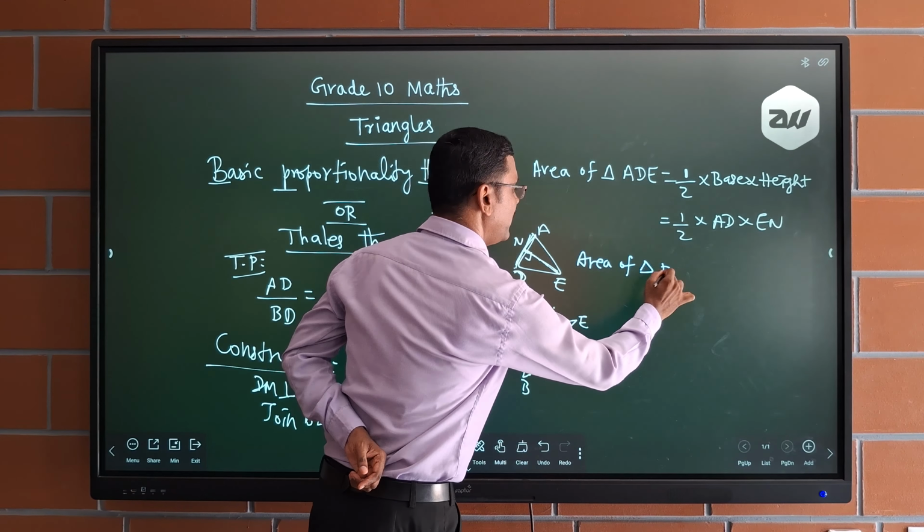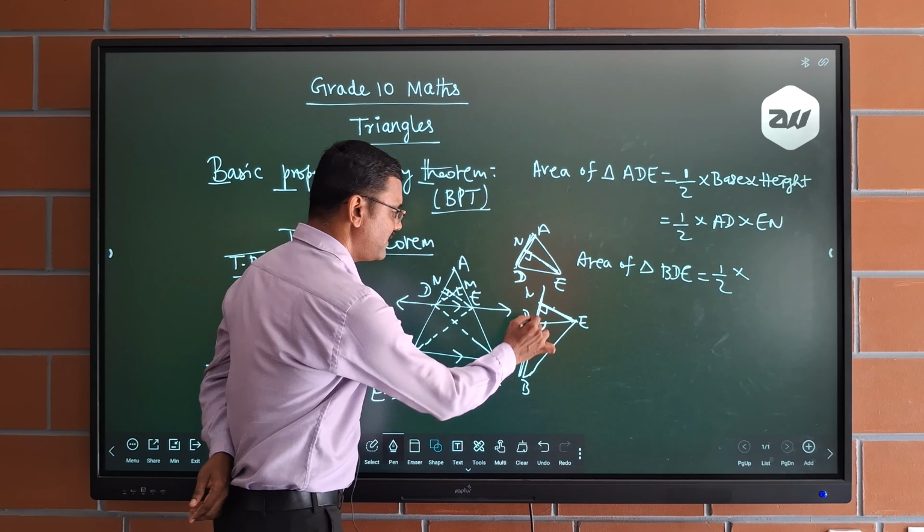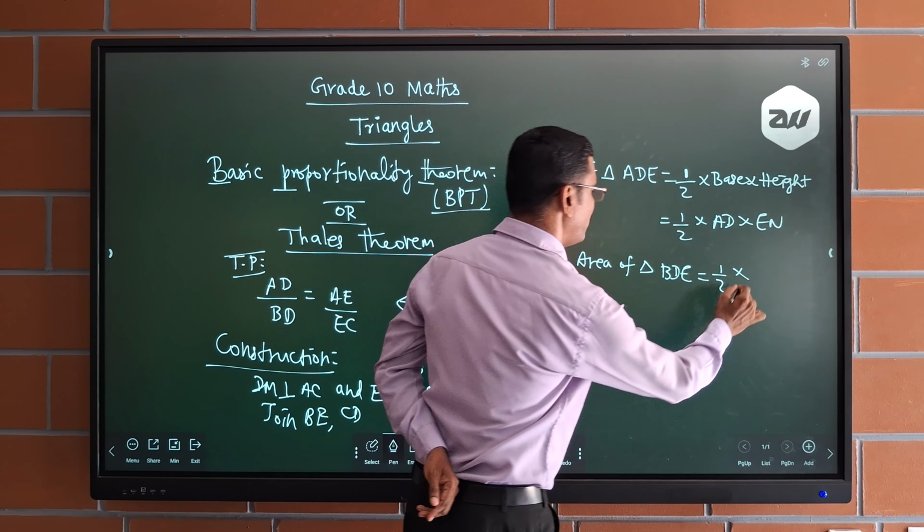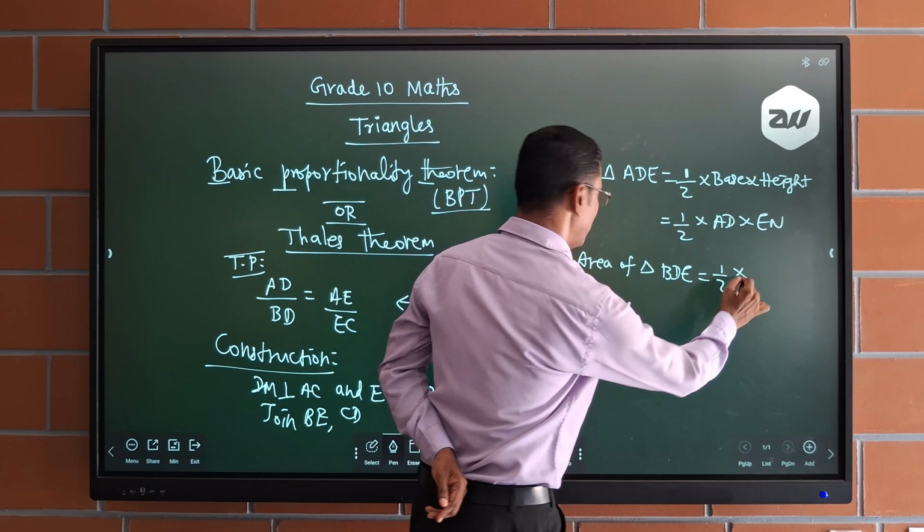For an obtuse angle triangle, how do we find the altitude, that is the height? You extend the base, then you consider this EN. This EN is the altitude or height of the triangle EDB. So I take half into base, base is BD, and height is EN. So half into BD into EN is the area of BDE.